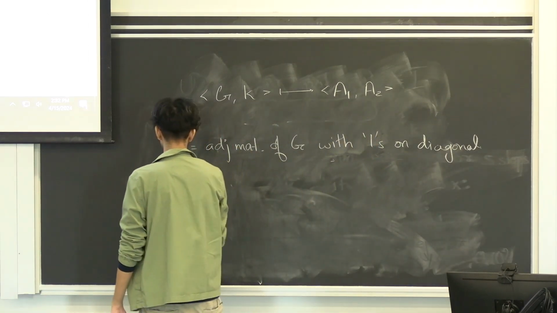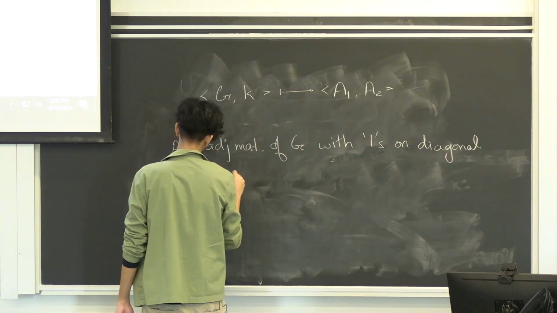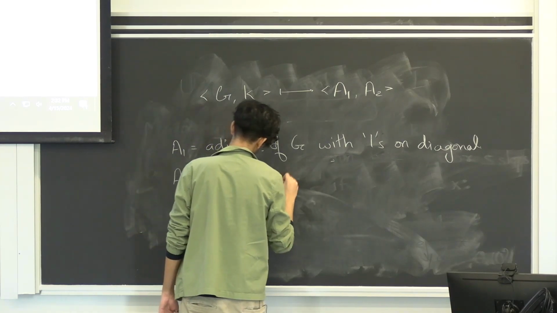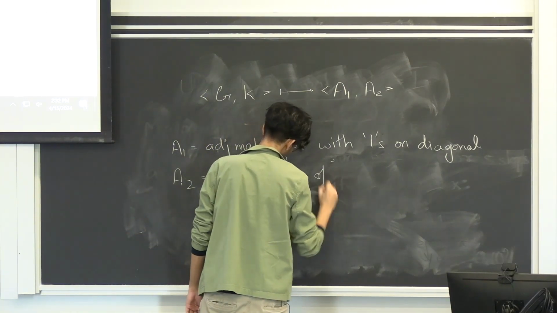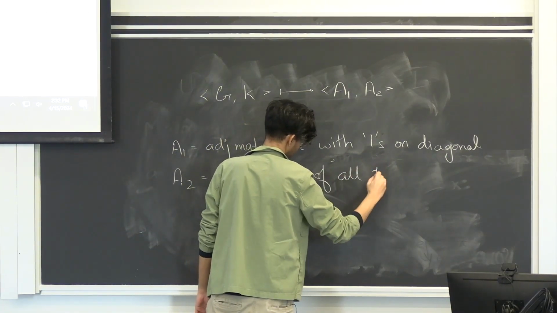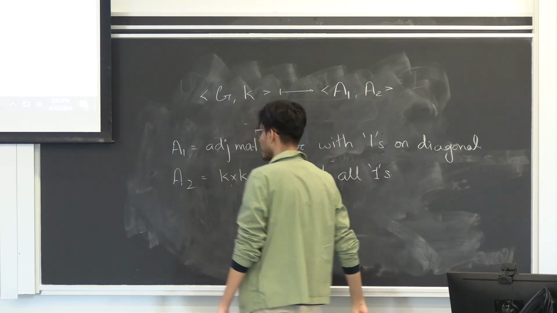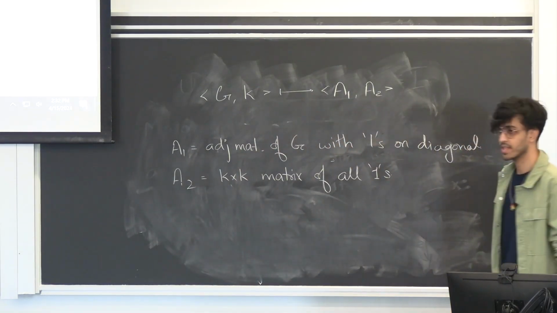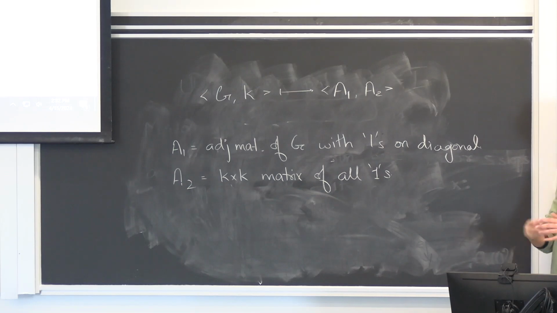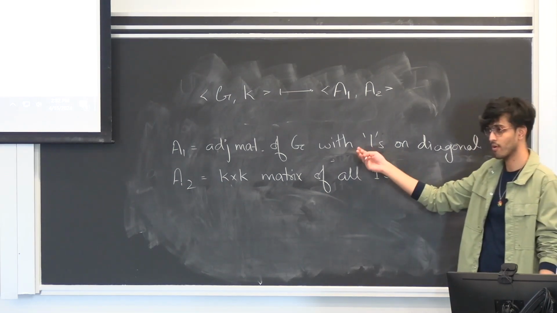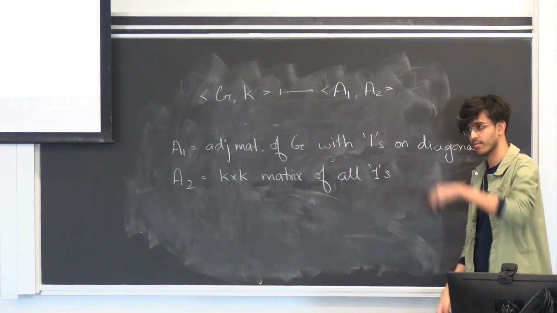And then A2 is K by K matrix of all 1s. Okay, then very good. If there's a clique, the subgraph induced by the clique is just a matrix of all 1s. So A1 is all 1s. Perfect. So this direction works.